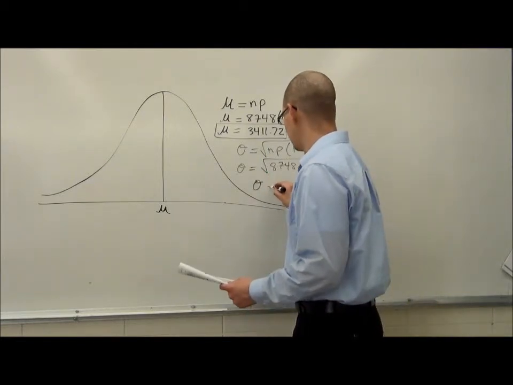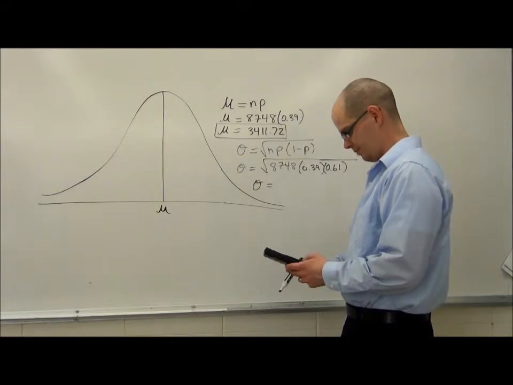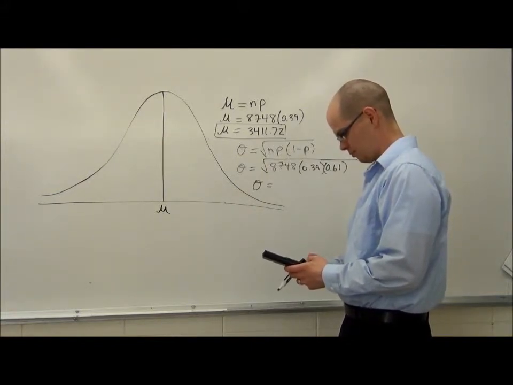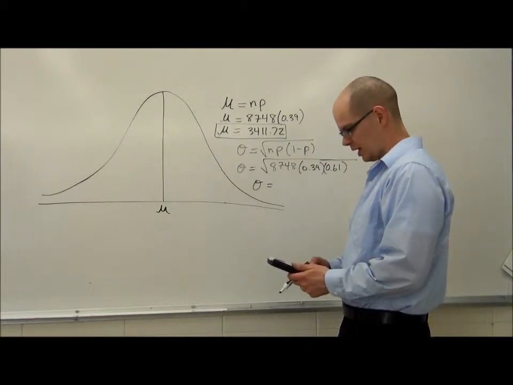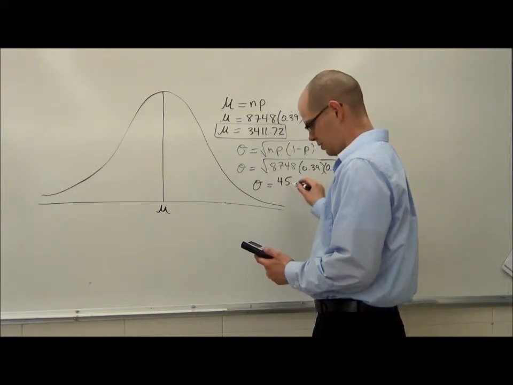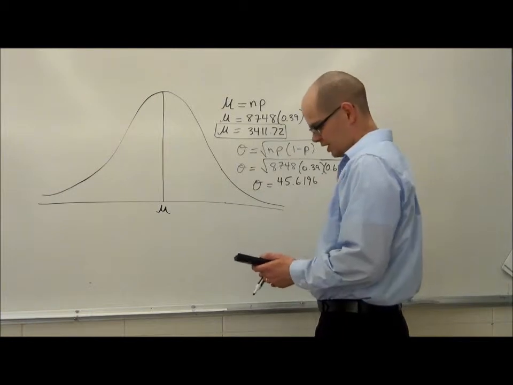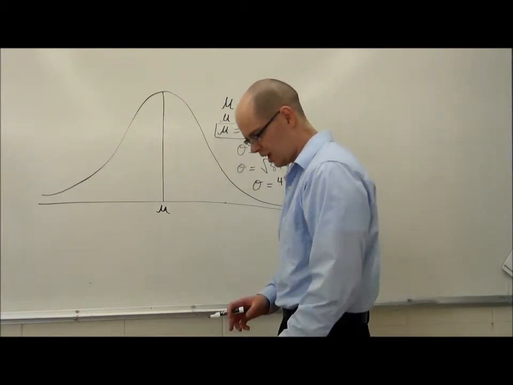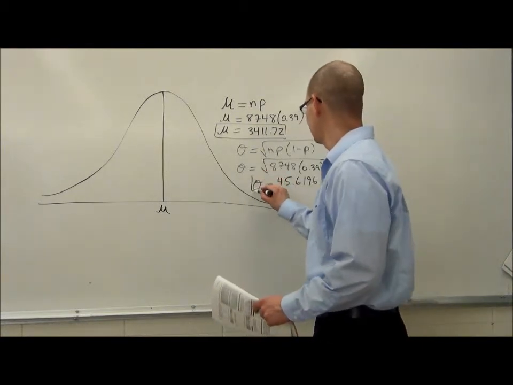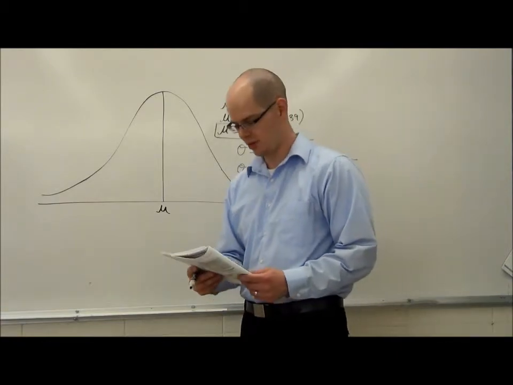If I go through and calculate that out, remember, do the square root last. I get a standard deviation of 45.6196. Get in the habit of carrying as many decimal places as you can until you've done the question. Okay? So now that I have my mean and my standard deviation, I can move on to part B.